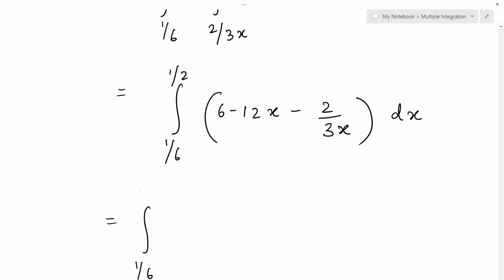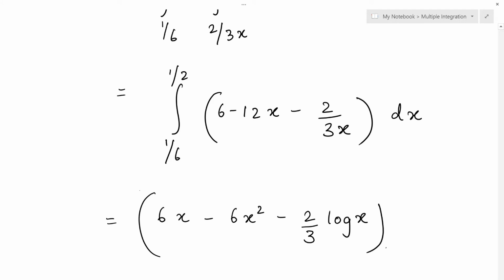If I integrate this with x, I will get 6x, then 12x square by 2, that is again 6x square, and that will be 2 by 3 log x. The limits are lower limit 1 by 6 and upper limit 1 by 3.